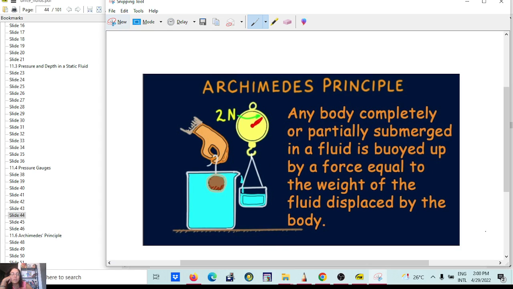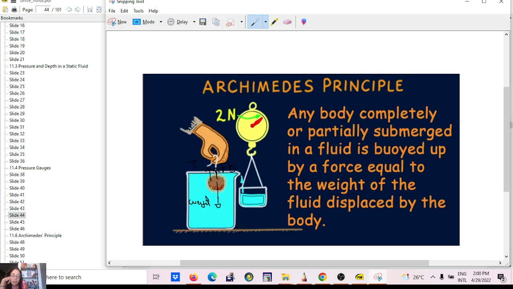If you look at this example, what are the forces acting on this? You have the weight of the object, the buoyant force, and the tension of the string. But the buoyancy force here is smaller than the weight. If you let go, it's going to sink.